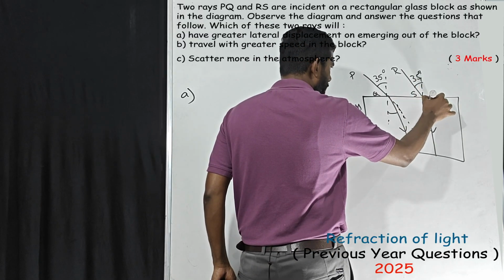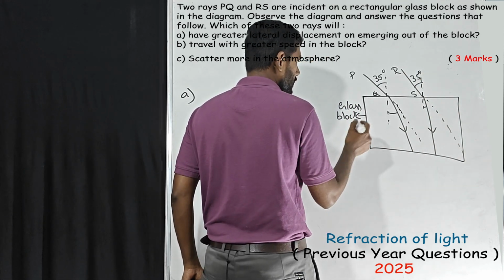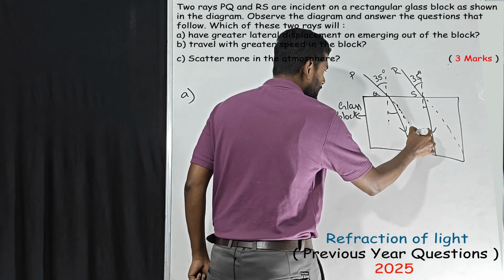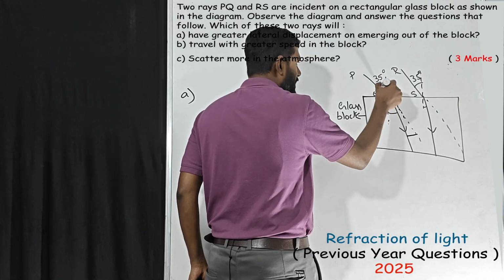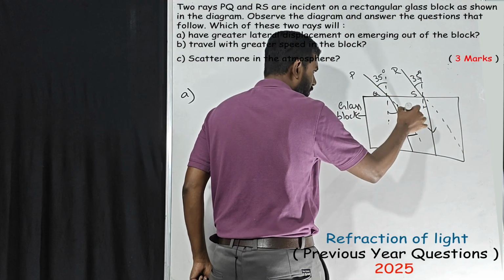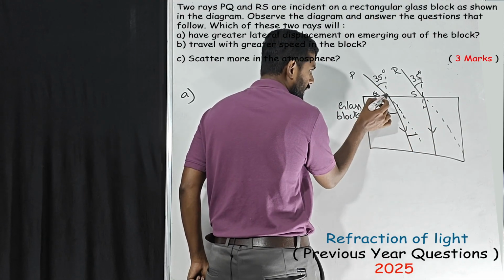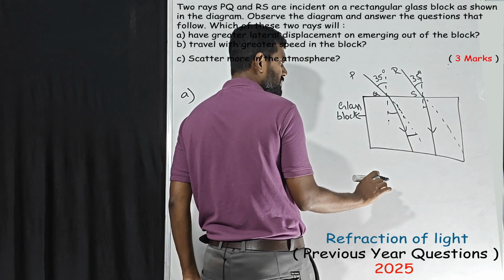Now in the same way, if you extend this ray RS also, the distance between the refracted ray and the original path of light. See, this PQ, if there was no medium, this would have moved in this direction, correct? In this ray. So now what is lateral displacement?